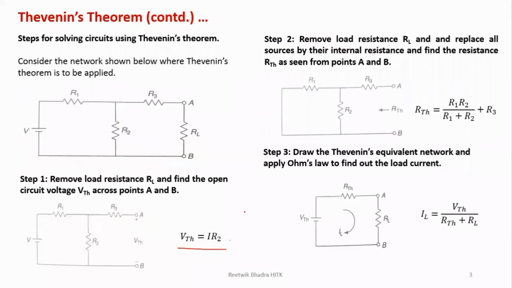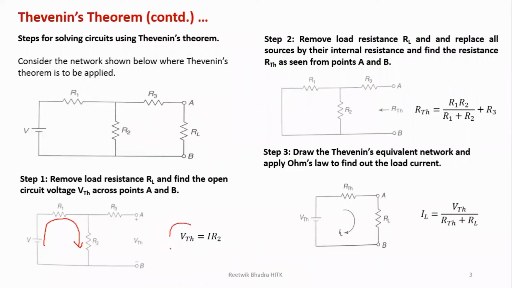Sir, just now you told that we have to consider both of the resistors in series. But now you told that by finding VTH we have to only take R2. I didn't understand that part. Oh yeah. See, now what I am doing is that for V, a current will flow through this loop.